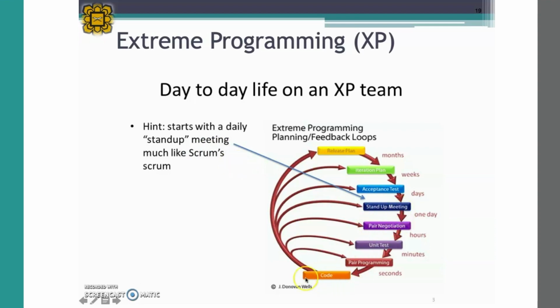Each day they will have stand-up meeting, and in a few days they will get acceptance tests for the stakeholder to sign off, and then they will move on to the next iteration, and in a few months they will release the software. So this is done in many repetitions, perhaps for different increments.